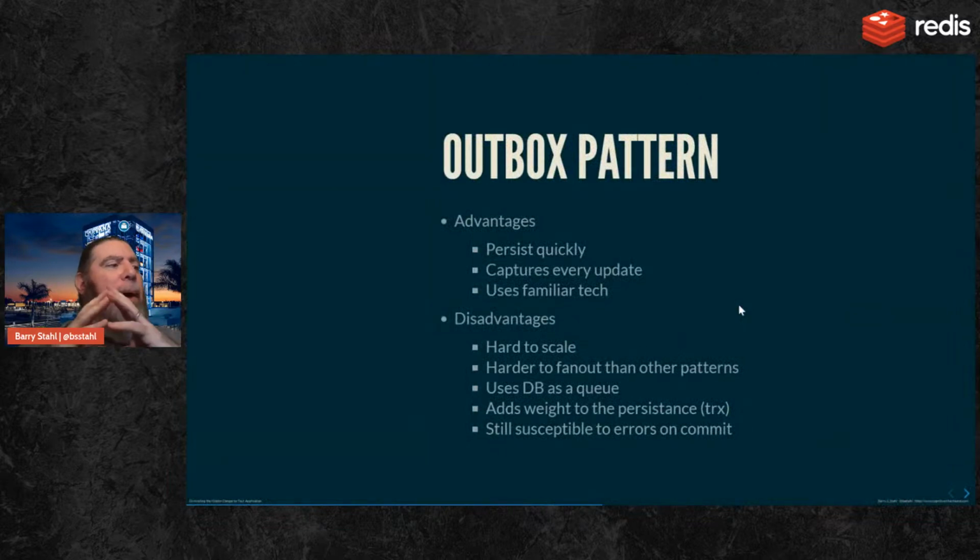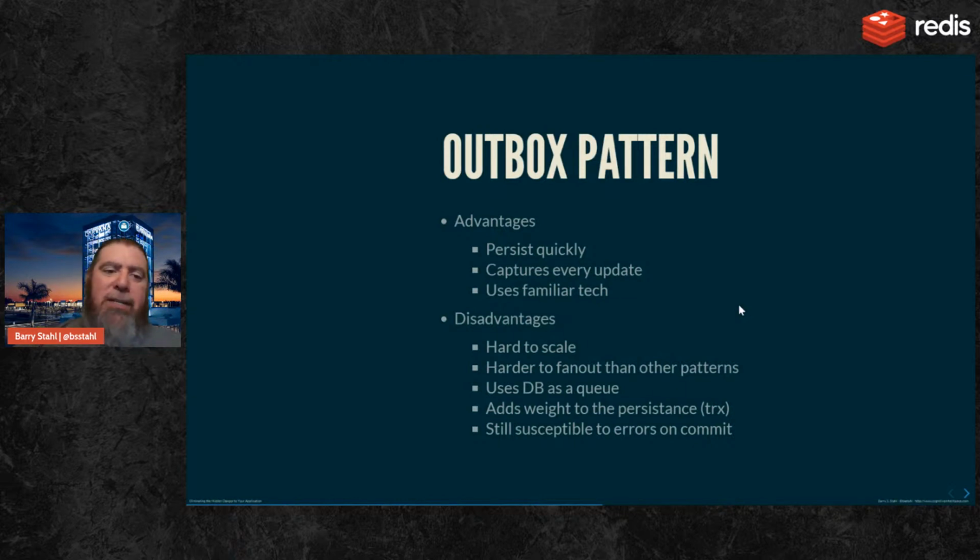All right. So the outbox pattern has several advantages. It's good in that you can quickly persist your data. And this is actually something I'll harp on a couple of times as we go through this talk. The first thing you want to do is persist when you get a request in, persist it as quickly as you can. Get it safe, get it on disk.